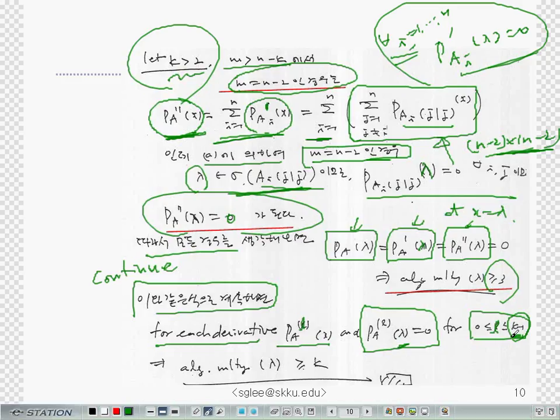From there, the same argument shows the algebraic multiplicity of lambda is greater than or equal to k, which was the geometric multiplicity of lambda.